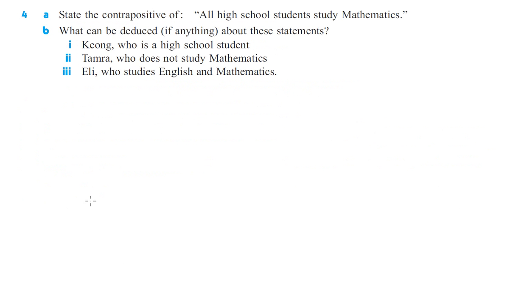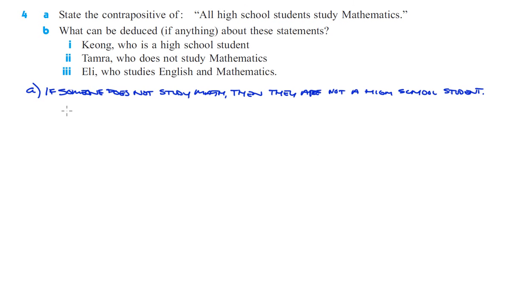Number 4, state the contrapositive of all high school students study mathematics. Okay? So this would have to be all students who don't study mathematics are not high school students. So really we should say, instead of if a student doesn't study math, we should say if someone does not study math, then they are not a high school student.